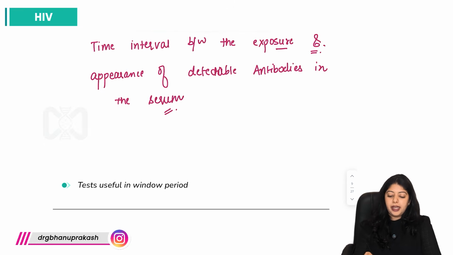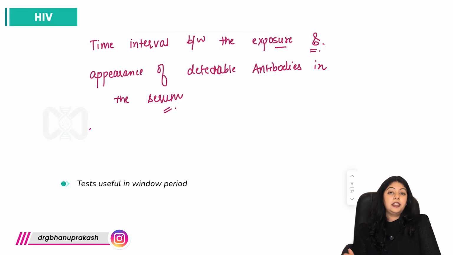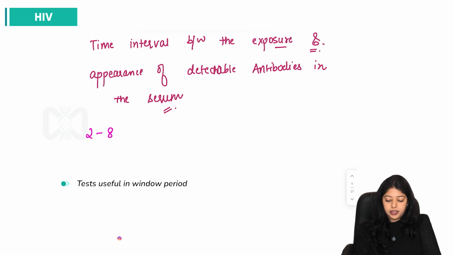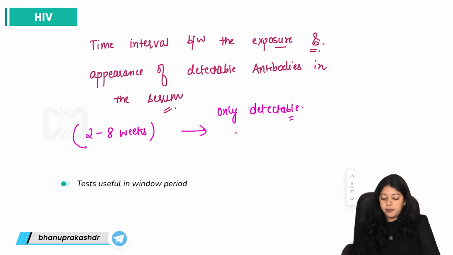Usually these antibodies start appearing in around 2 to 8 weeks, but they only become detectable between 3 to 12 weeks.